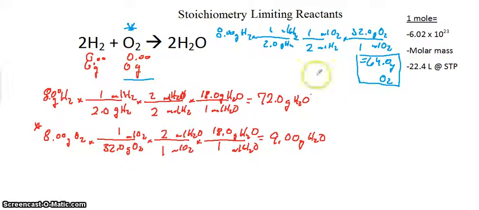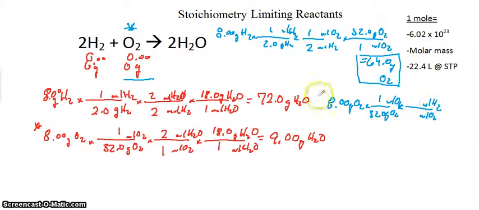Now you could do this backwards and you get kind of the opposite result. So let me start with the 8 grams of oxygen. So if I start with, and I'll do this down here, 8.00 grams of oxygen, and I go from grams of oxygen to moles of oxygen, that's 1 over 32, times, and again, moles of O2 to moles of H2. So last time I went from H2 to O2, and now I'm going from O2 back to H2.